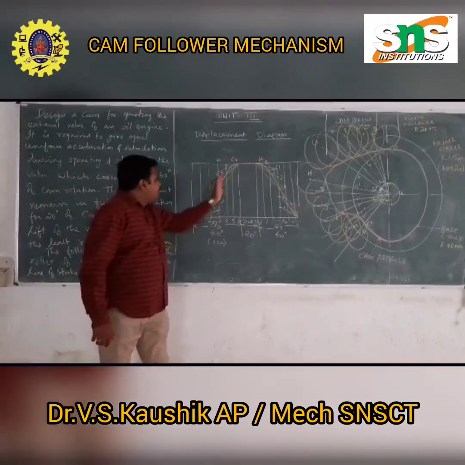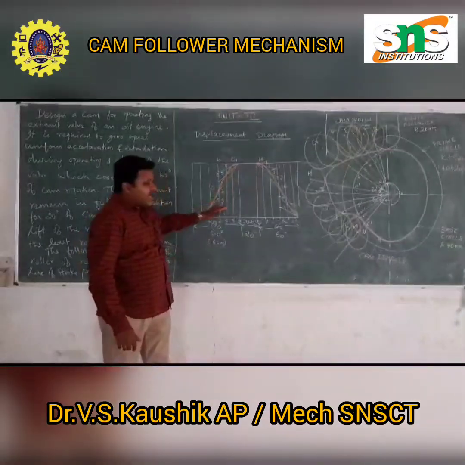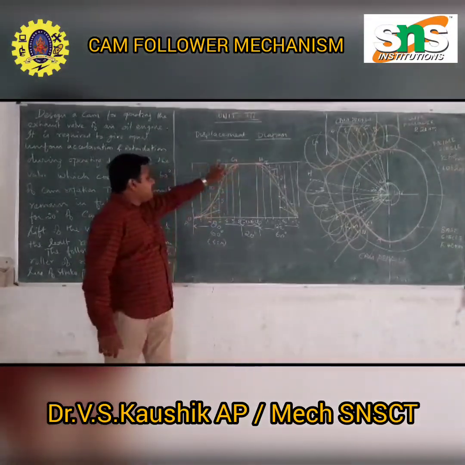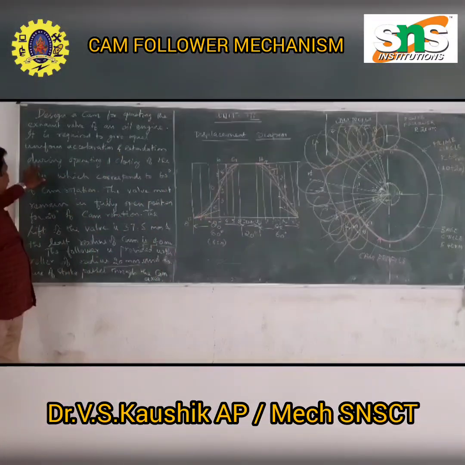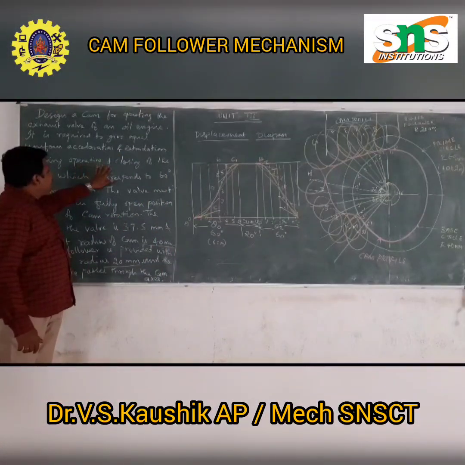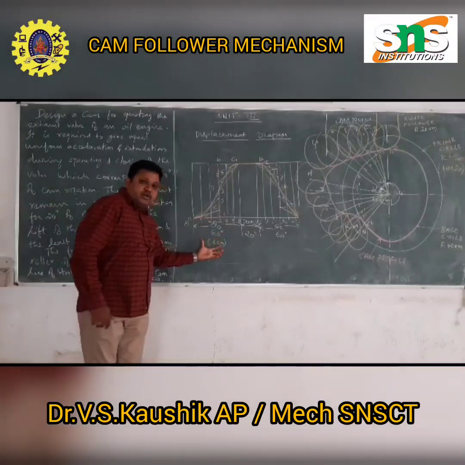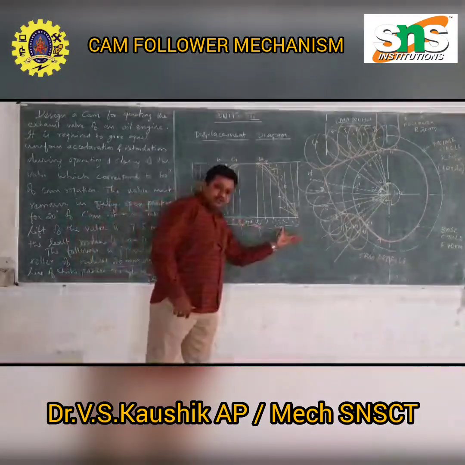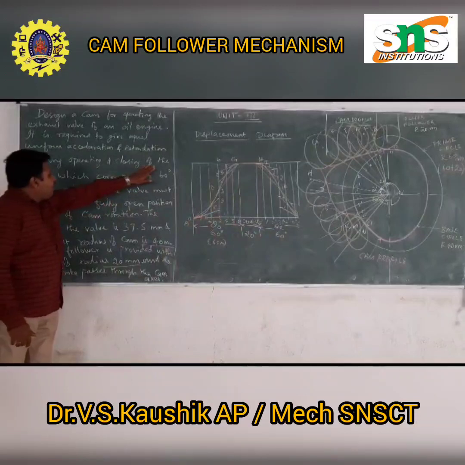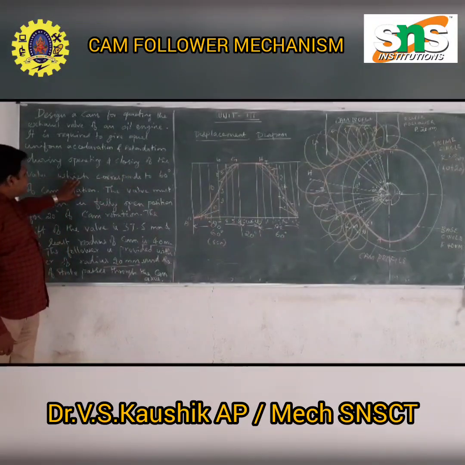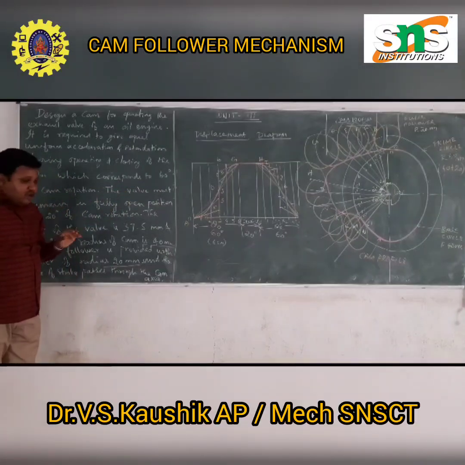This is uniform velocity, and these are the accelerations and these are the retardations. That's what is given in the problem. During opening and closing of the valve, this is used in opening and this is used in closing, which corresponds to 60 degrees of cam rotation.